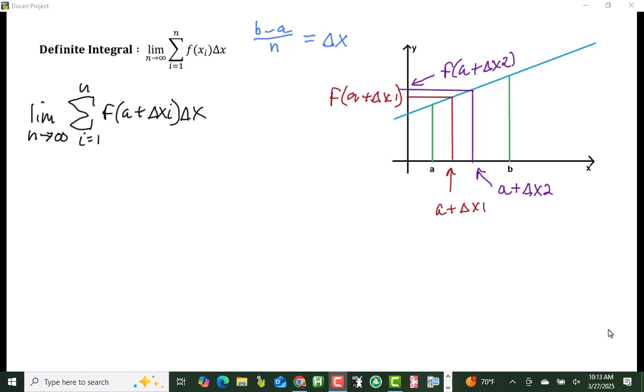And that's where this summation idea really comes in handy. If you didn't understand the summation stuff before now, this won't make any sense. Now then, I'm going to say, if we figure out that limit, that's the same as this definite integral, f of x dx, from a to b. In other words, going from a to b here, the area under the curve, the definite integral in here is what that represents.